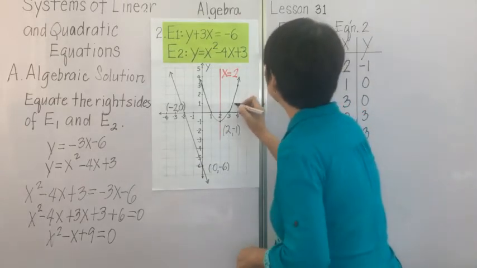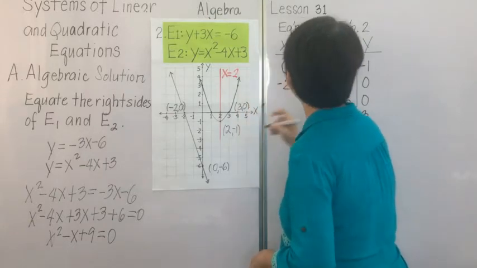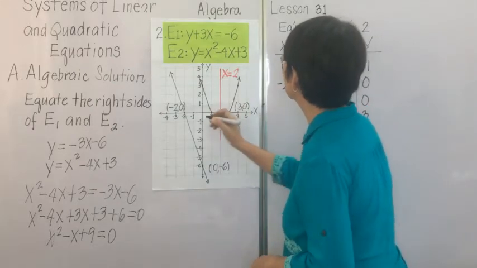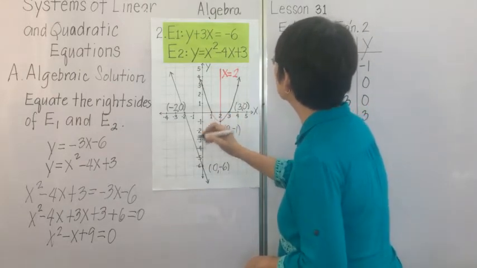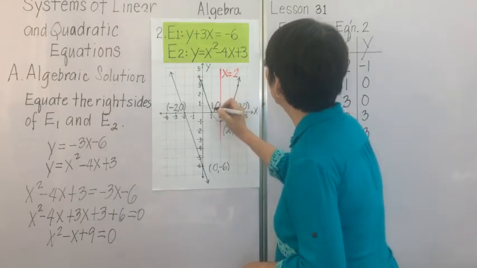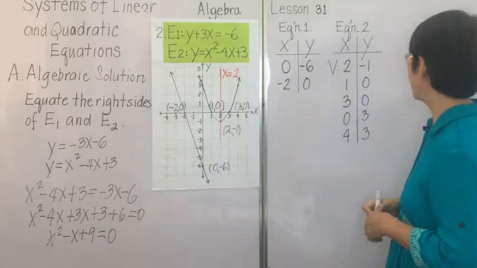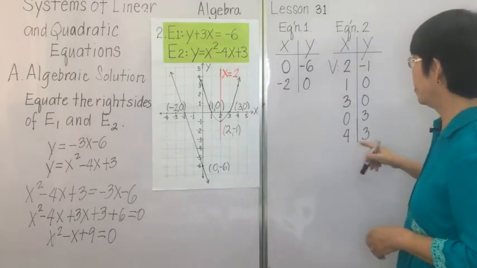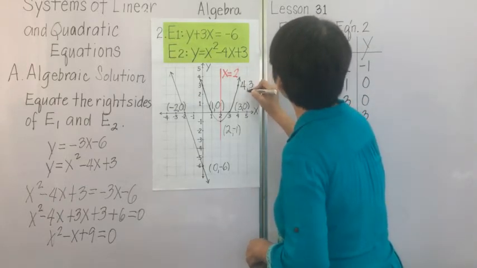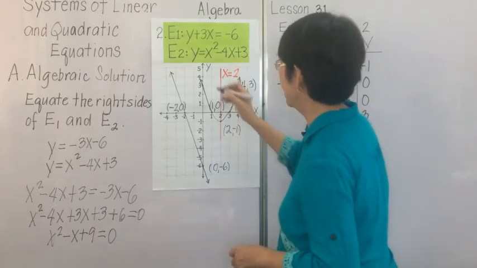So we have here (3, 0) and (1, 0). And the other points are (4, 3) and (0, 3).